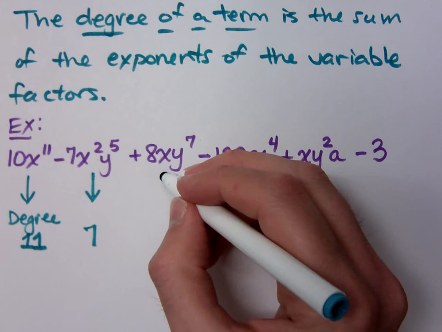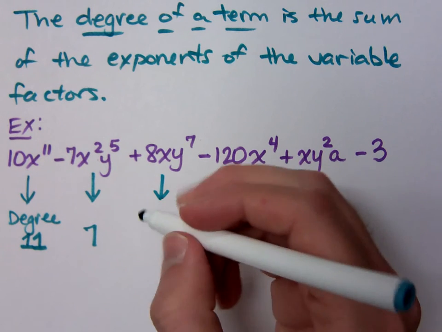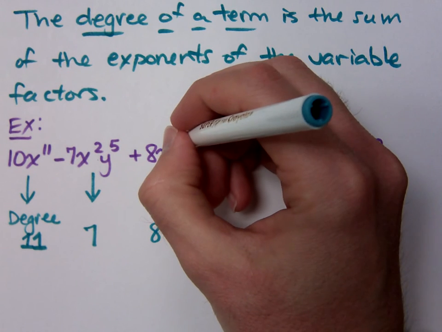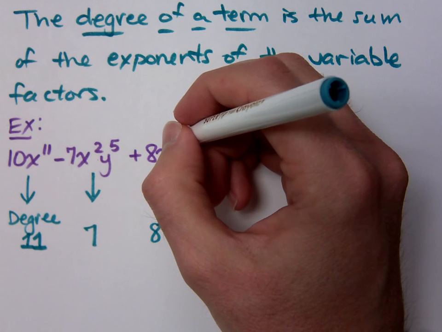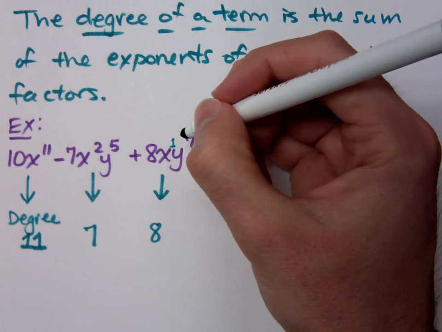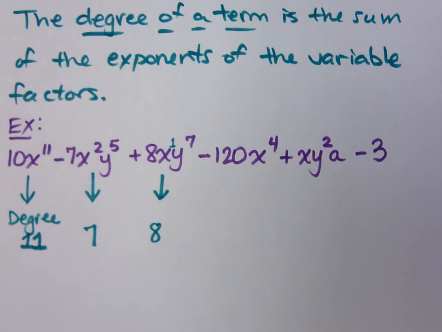What's the degree of this next guy? 8. Why 8? Whoa, x is 1? No, x has an exponent. X has an exponent of 1. Right. And y has an exponent of 7, so when you add those guys, you get 8. Okay? So between these two terms right here, which one's stronger?